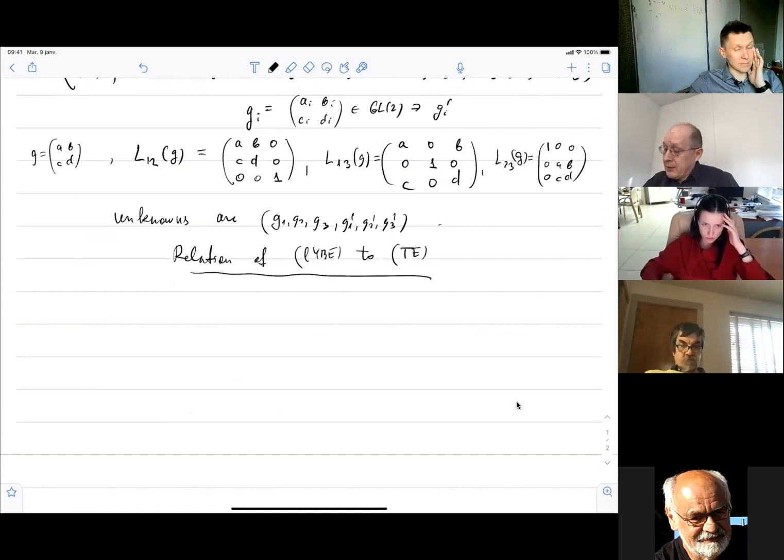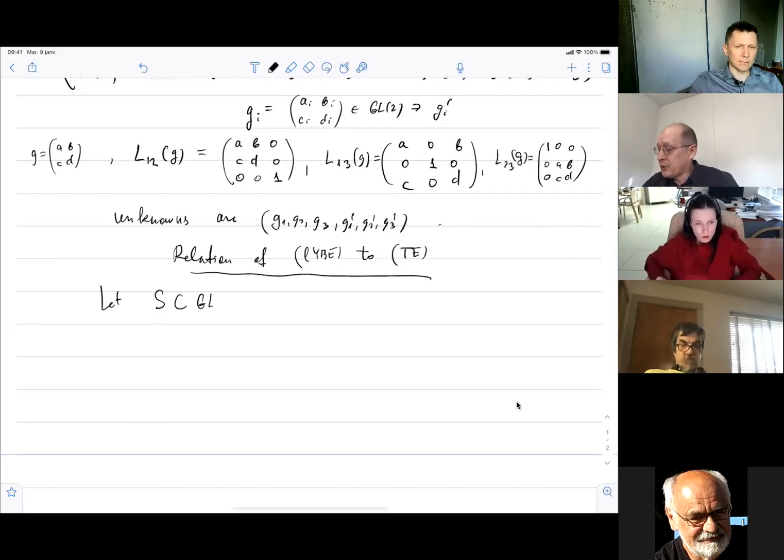Let S be a subset of the group GL2 to the power 6. We have 6 unknown matrices, and this is why we take the 6th power of the group.